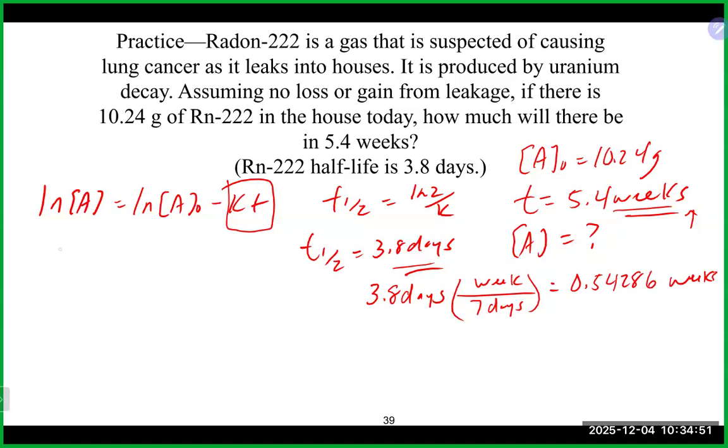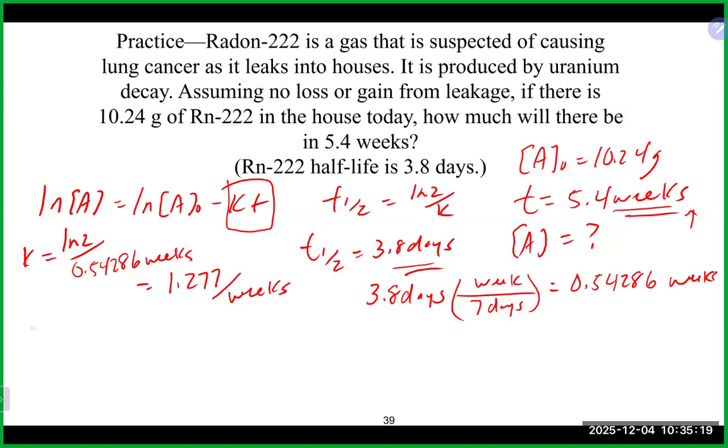So solving for our rate constant, natural log of 2 divided by our half-life, which I've now converted into weeks, 0.54286 weeks. That gives us the natural log of 2 divided by 0.54286, which looks like 1.277. Again, this can be reciprocal weeks.